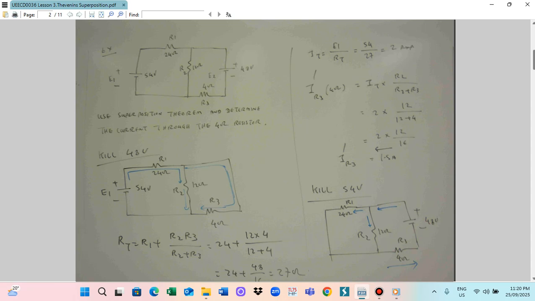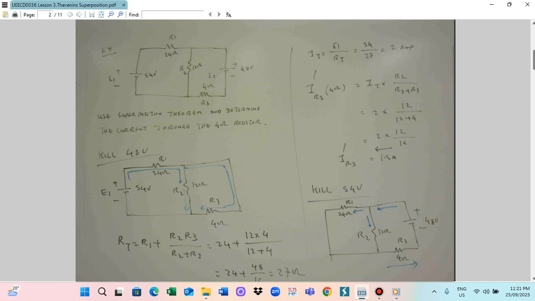Then you can also find the total current. I total is E1 divided by RT. E1 is 54 volts and the total resistance is 27, so you get 2 ampere. This 2 ampere current flows through R1 and then meets R2 and R3.